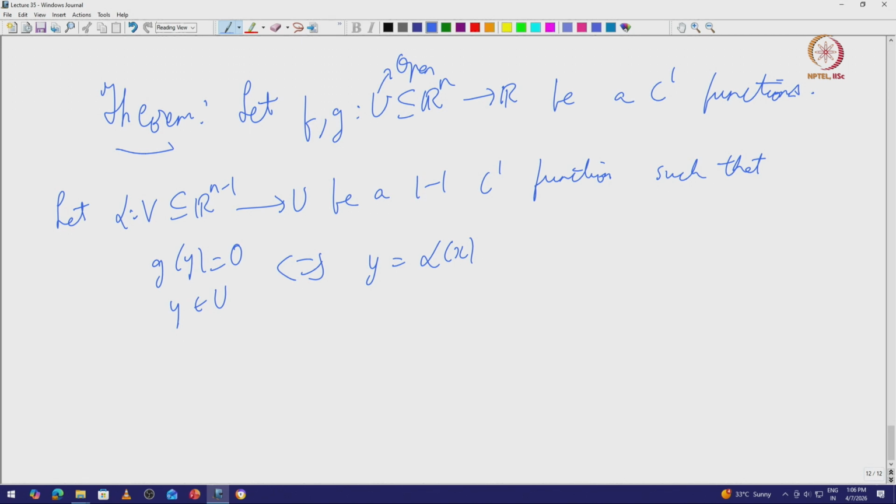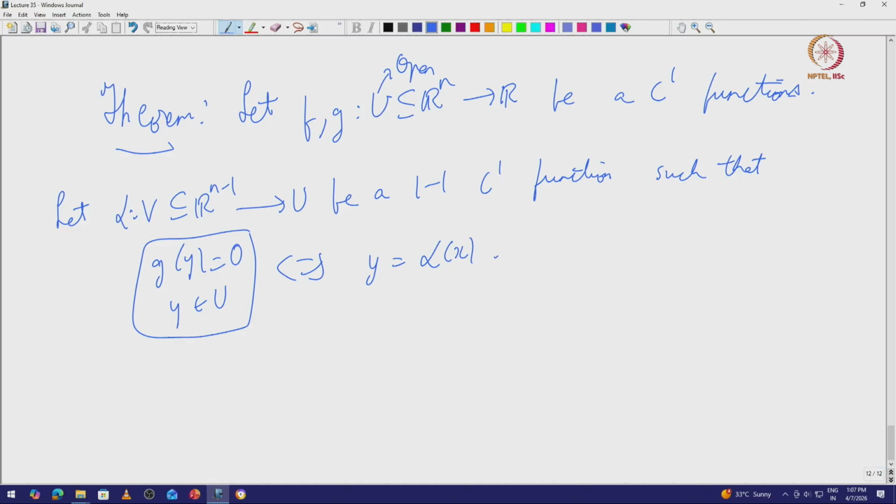That is, you are solving this constraint, except instead of the Lagrange's multipliers method of solving for one variable in terms of the others, we are assuming that all the variables can be solved for in terms of n minus 1 new variables. Okay? So suppose y equals alpha of x is the solution of the constraint.